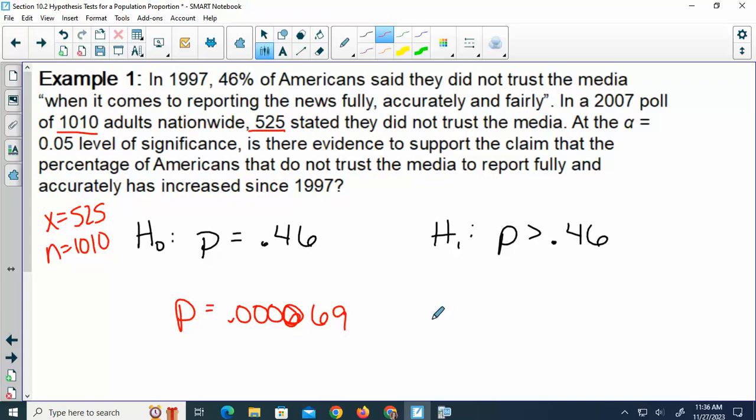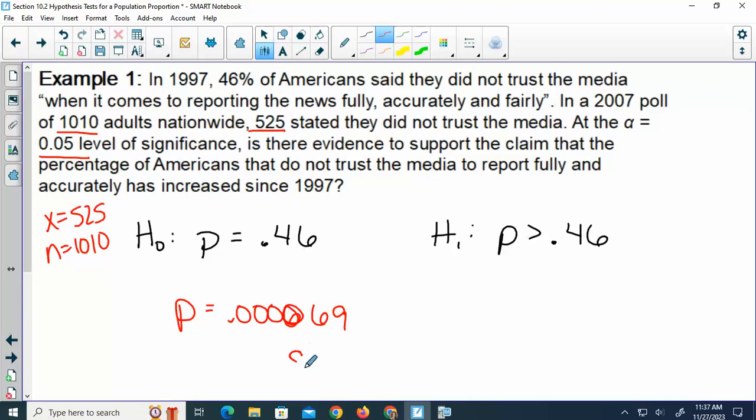And then you have to tell me, does that mean we would accept or reject? So my alpha is 0.05. If our probability is bigger than alpha, remember, then we fail to reject. If our probability is smaller than alpha, we reject.